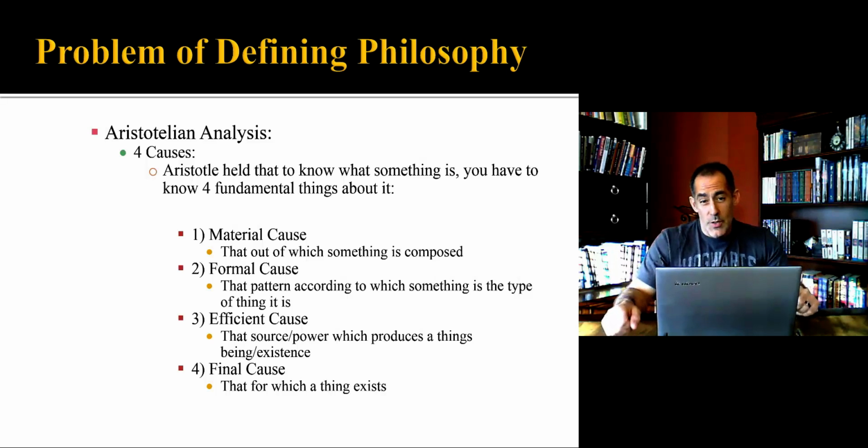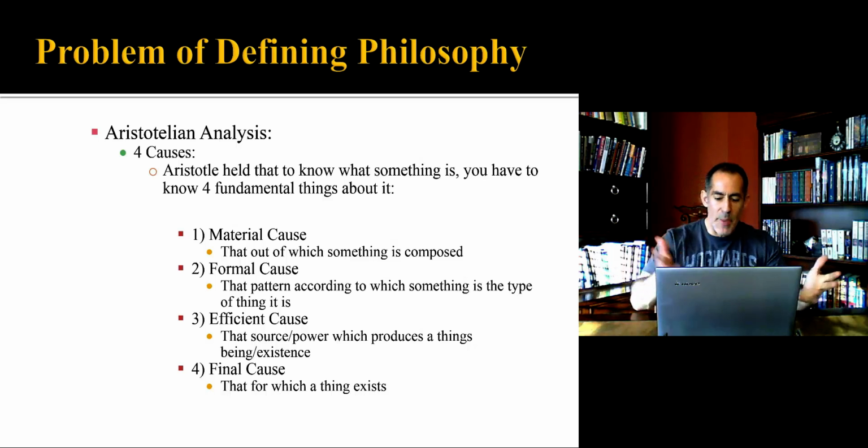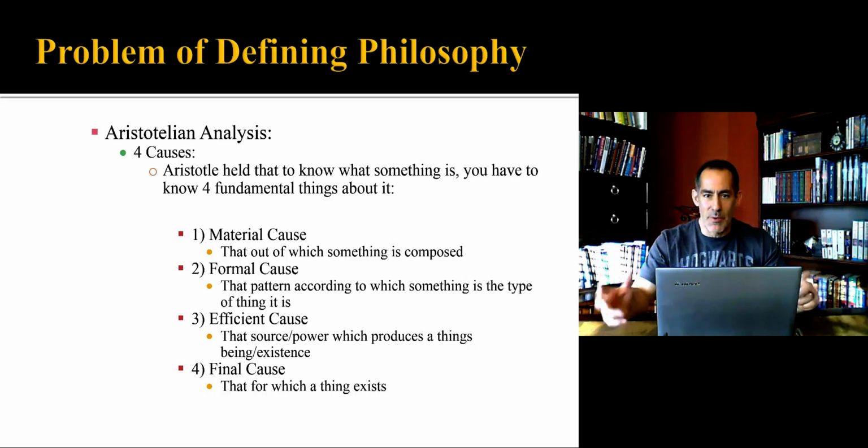The formal cause, which is the second one, is more of the abstract concept. This may make sense if we use something like a human being, but I'll just talk about the desk to be consistent here. The formal cause is that according to which a thing is what it is. We could say it's the pattern according to which something is a type of thing.